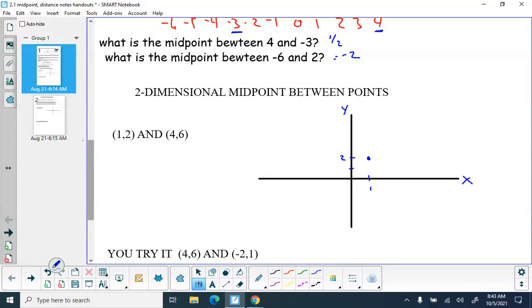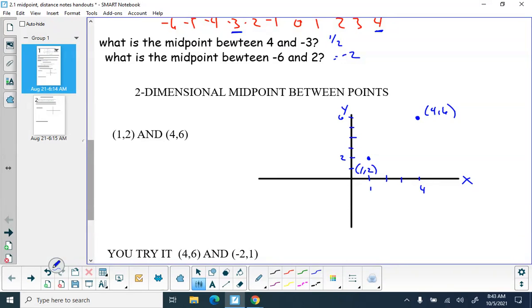Then my second ordered pair is X is 4 and Y is 6. So I have the ordered pairs 1, 2 and 4, 6.